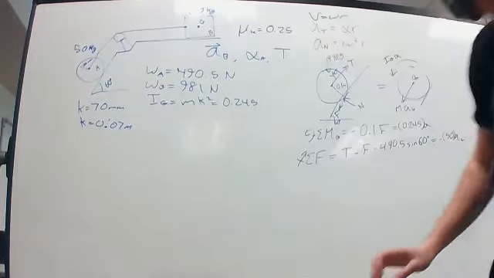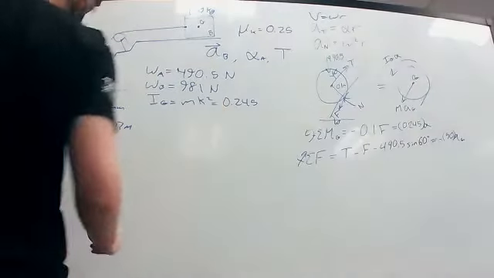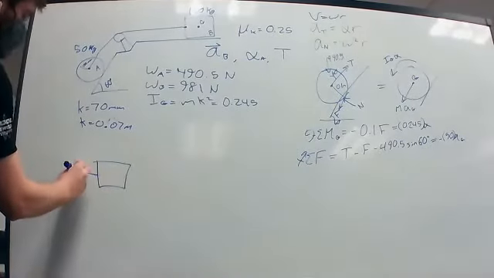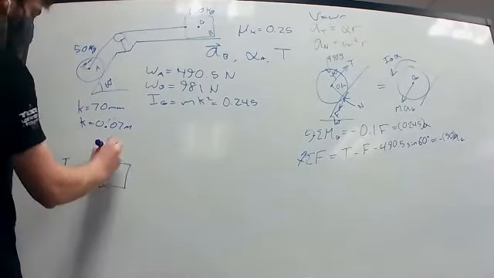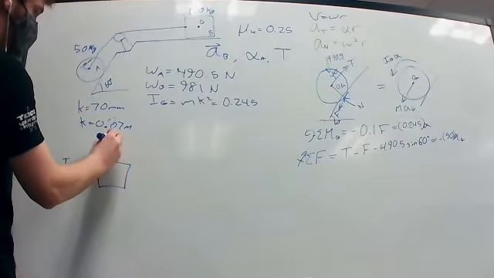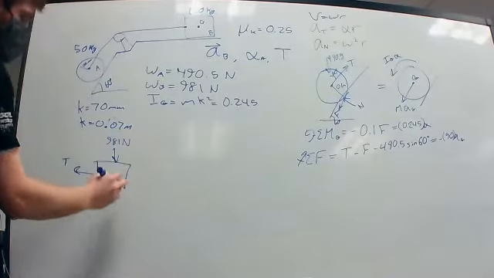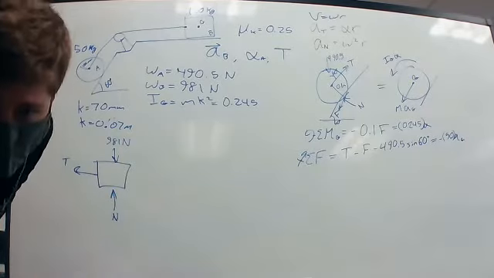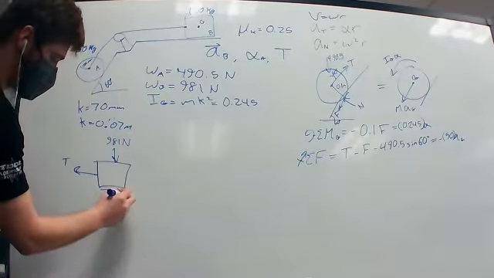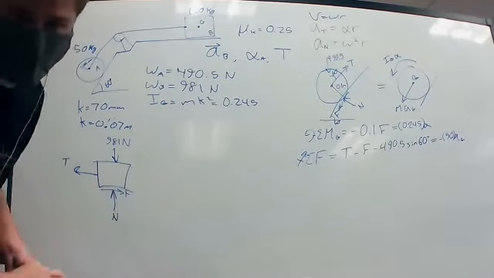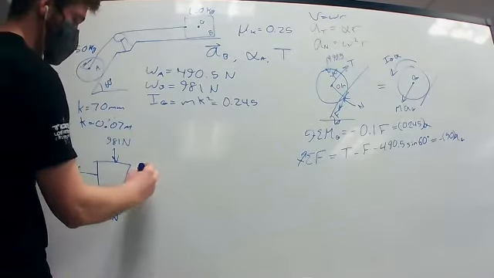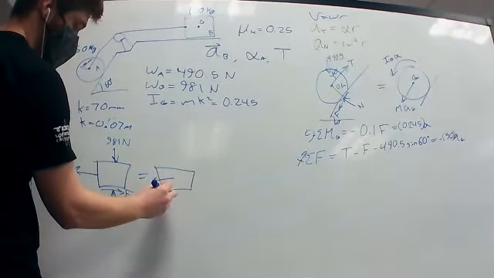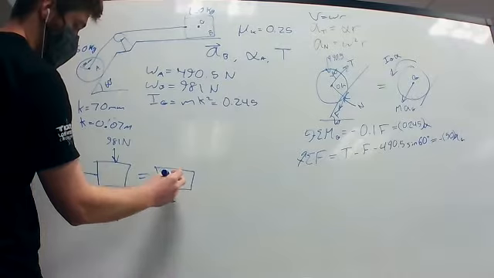We can then do our block diagram, where we have tension and the 981 newtons going down. We have a normal force, and we have friction. That is going to be equal to MAG.